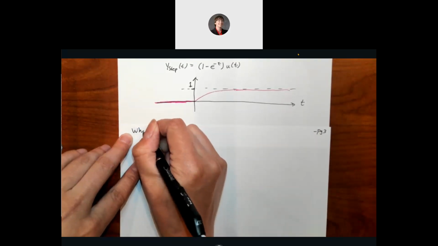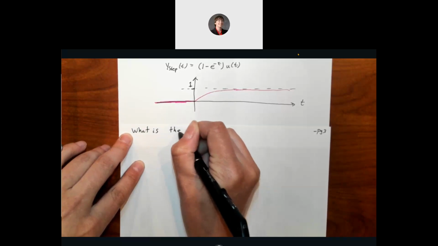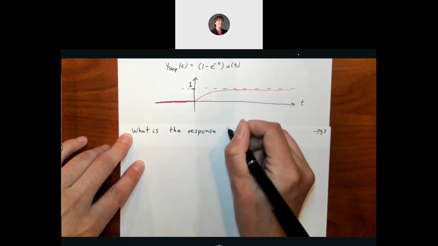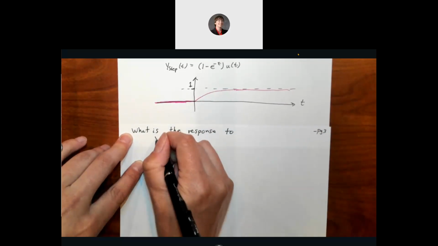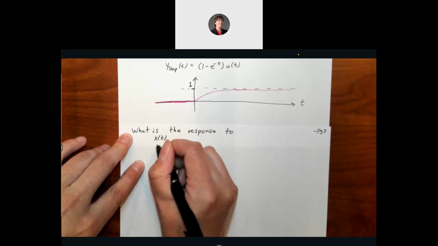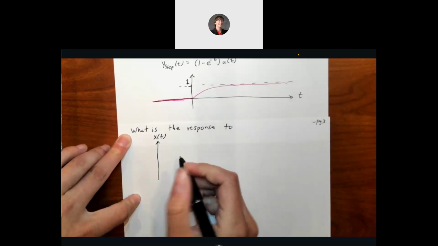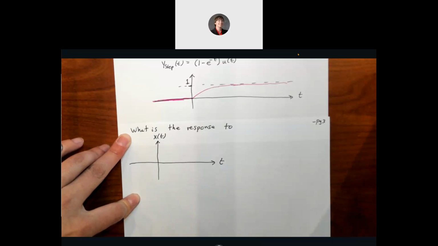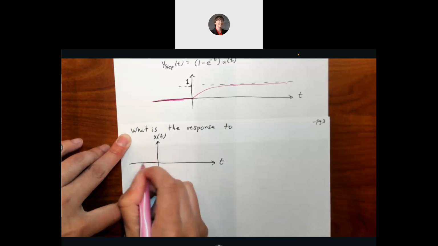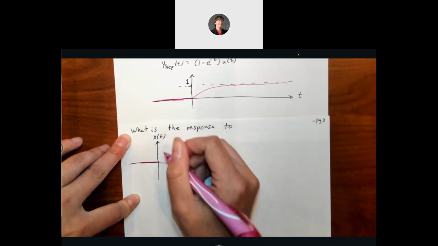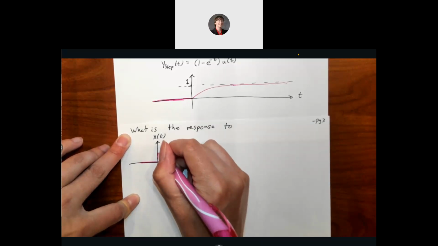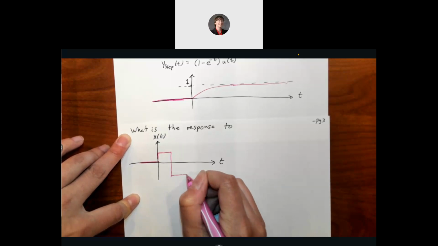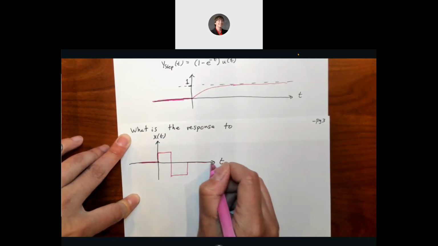But now what if I want to know the response to the signal x of t, which let's say is 0, and then jumps up to 1, jumps down to -1, and then back up to 0.